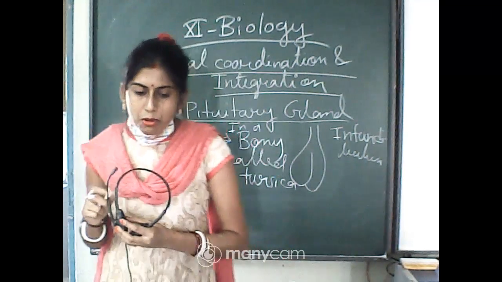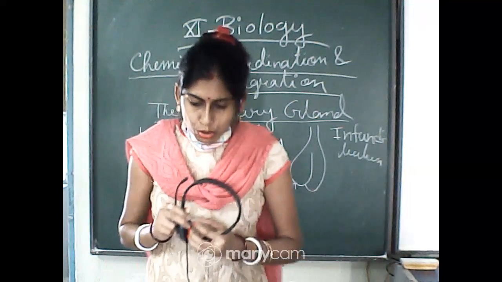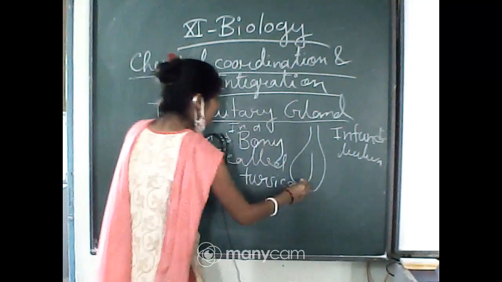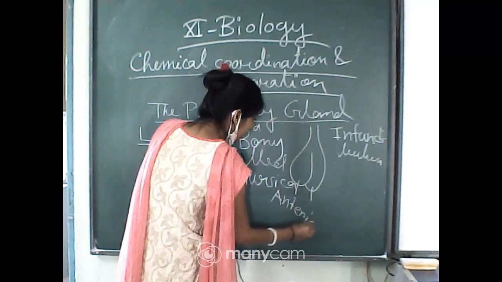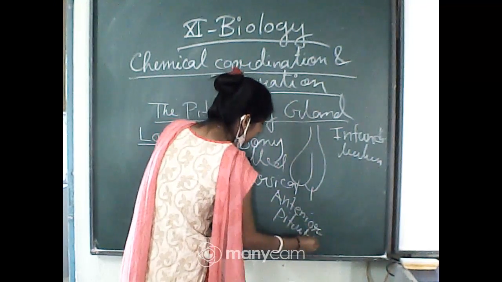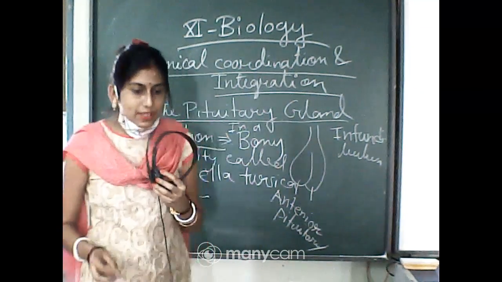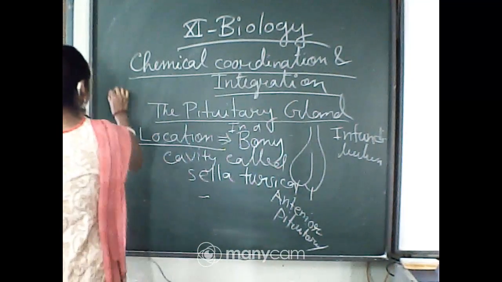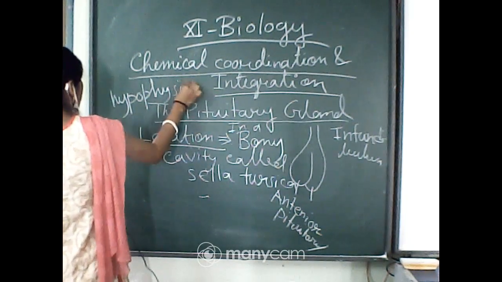Okay. Now you can see that pituitary gland is divided anatomically into two lobes. So what are these two lobes? Anterior pituitary, or it can be called adenohypophysis. Why? Because the alternative name of pituitary is hypophysis.